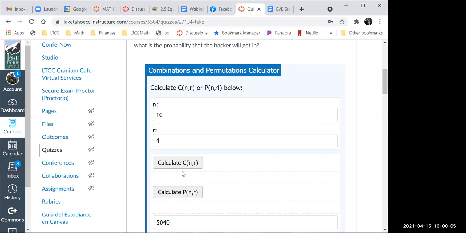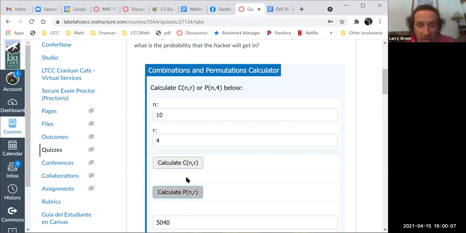So order matters. PNR is when order matters. CNR is when order doesn't matter. CNR was for like the poker game because it doesn't matter what order you get the cards. A flush is a flush. Does that make sense? Or a straight is a straight. PNR is when it does.